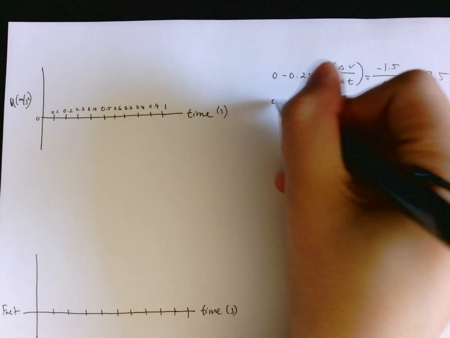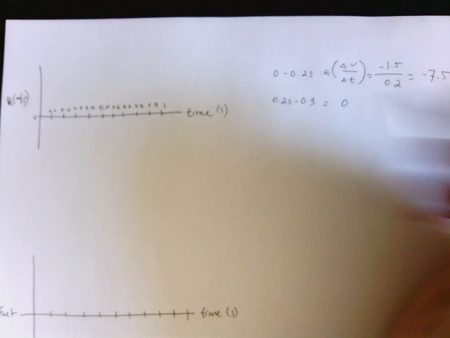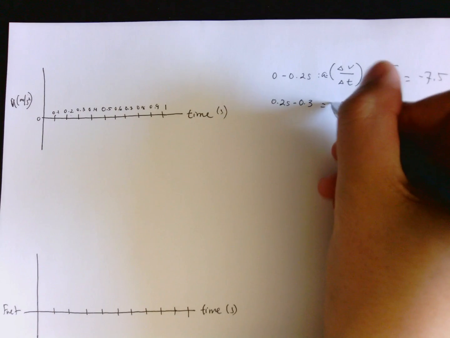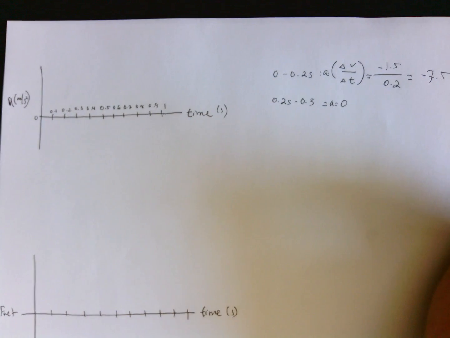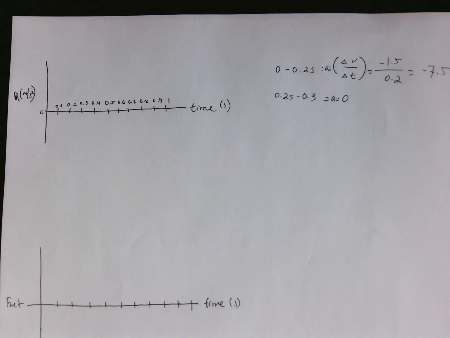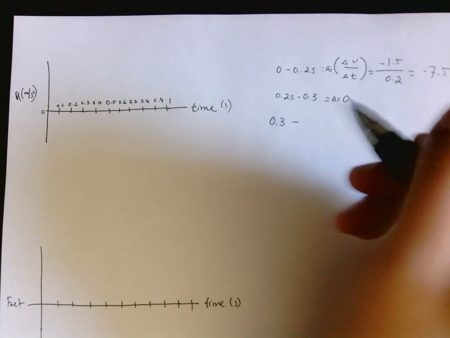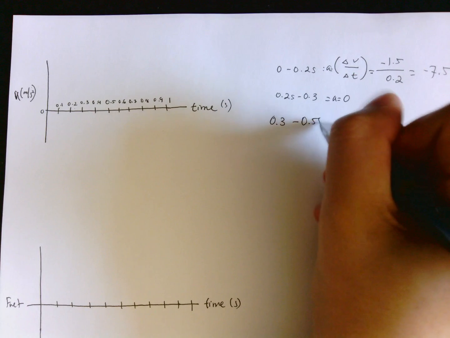Next, we look at 0.2 seconds to 0.3 seconds, and we know acceleration will be 0 because the velocity doesn't change. And then the next period we look at is approximately from 0.3 seconds to 0.55 seconds.